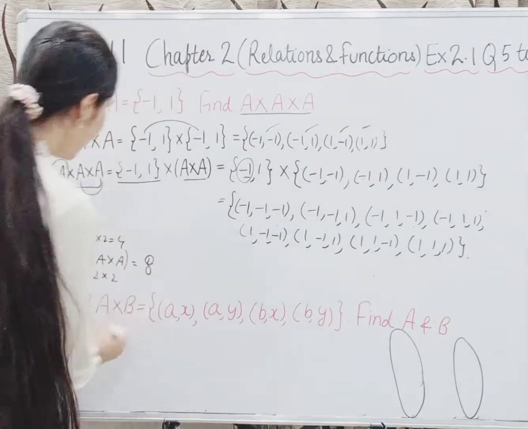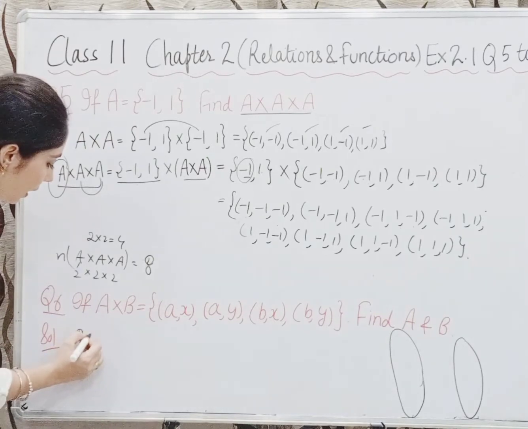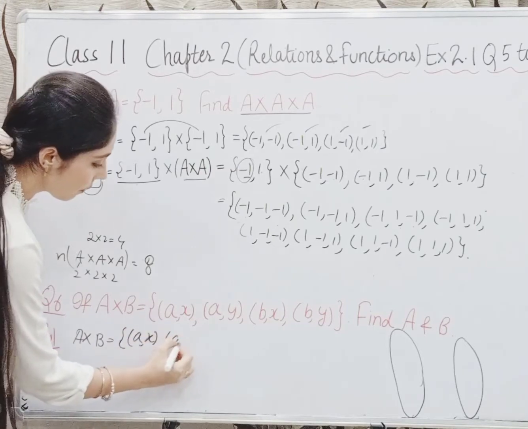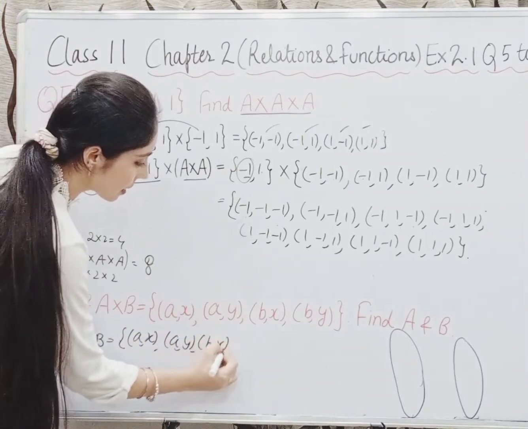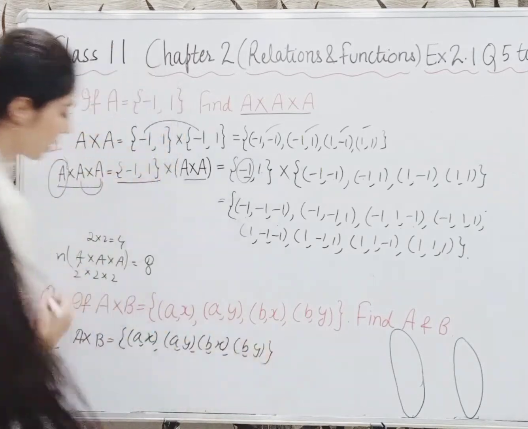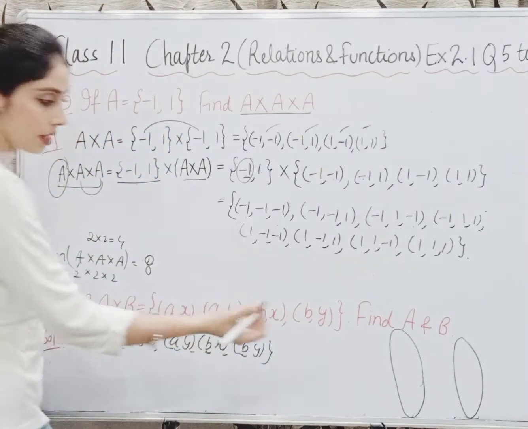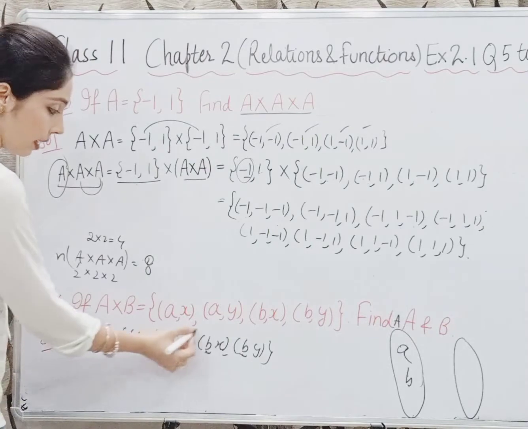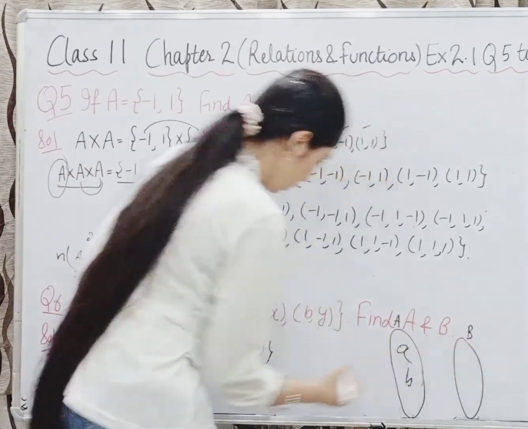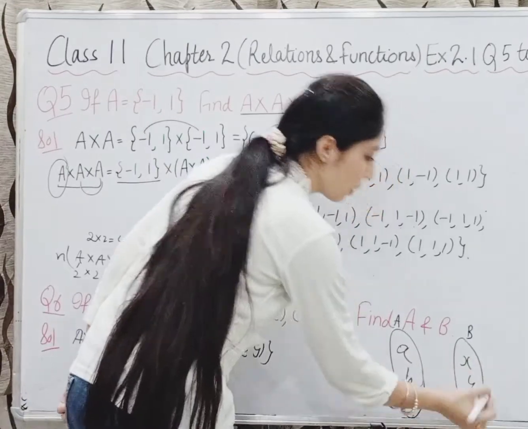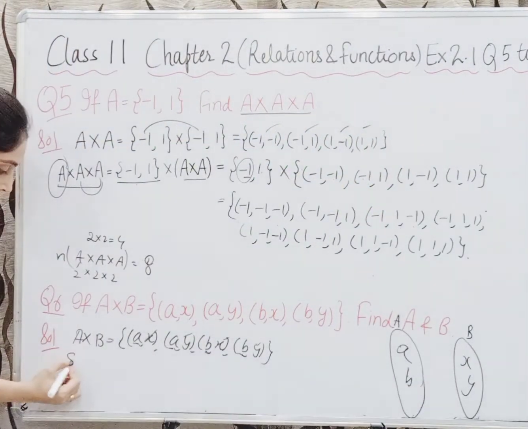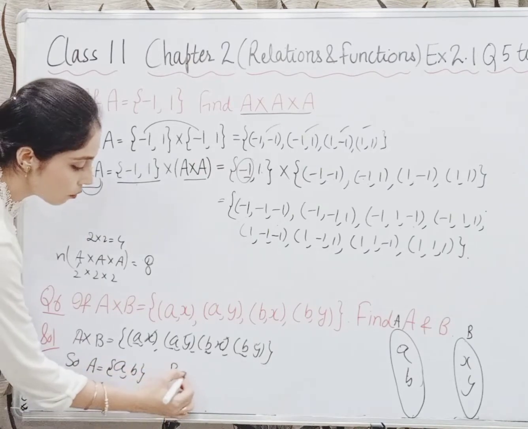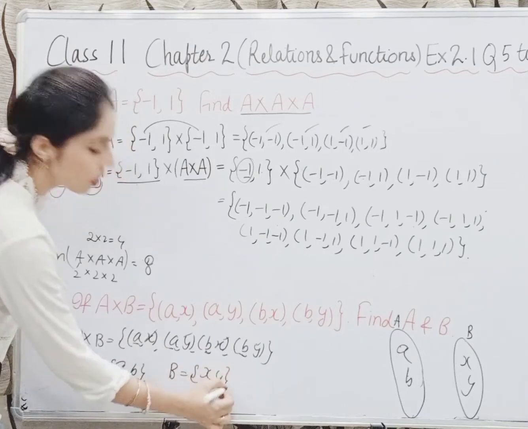You can observe that here A cross B is equal to (a, x), (a, y), (b, x), (b, y). The first component belongs to the first set, so the first components will be the elements of A, and the second component belongs to the second set, so the second components X and Y belong to the set B. So A has 2 elements, which are a and b, and B has 2 elements, which are x and y.